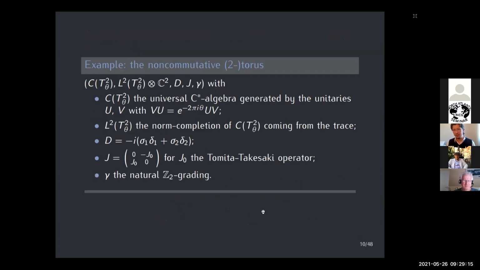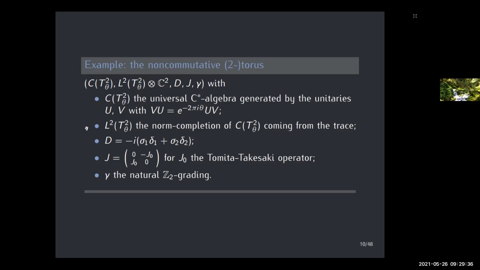So for an example of a non-commutative real spectral triple, the classic archetype is the non-commutative torus. This is, in as few words as possible, the 2 torus case. So you have this extremely well-known C-star algebra for the non-commutative torus, along with the Hilbert space, which basically comes from the same stuff.